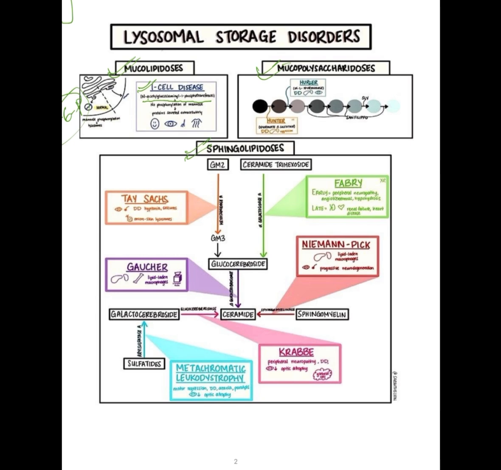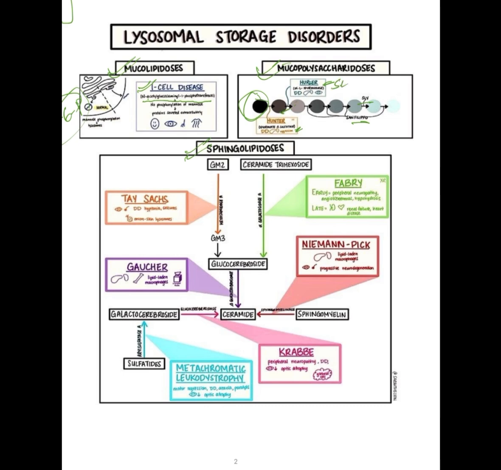Then we also have two important mucopolysaccharidoses, Hurler and Hunter. There are other two, Sanfilippo and Sly, which are not much important for us. As we see, Hunter is more upstream in the pathway, and Hurler comes later on.